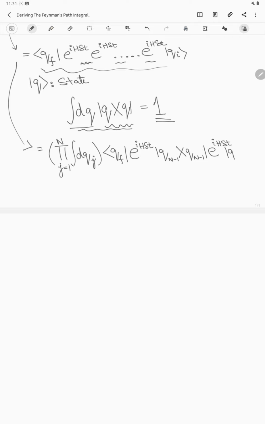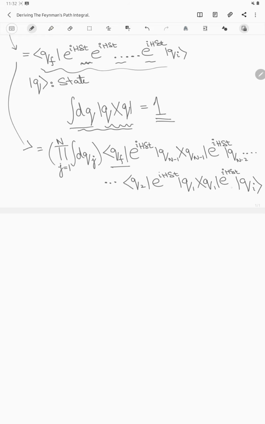And this time I would have |qn-2><qn-2|. And this would go on, right? Up until you have your last two states, which are |q2><q2|, exponential of minus iH delta t, and here you would have |q1><q1|, and finally you would have exponential of minus iH delta t, and your initial state, that was qi, right?